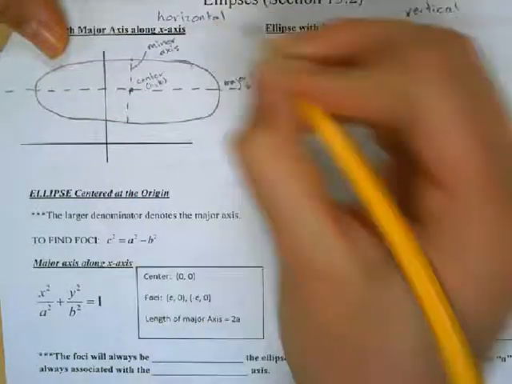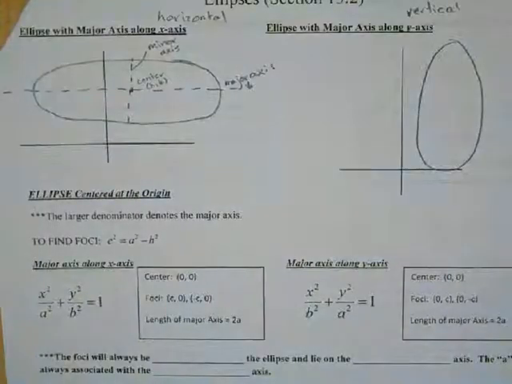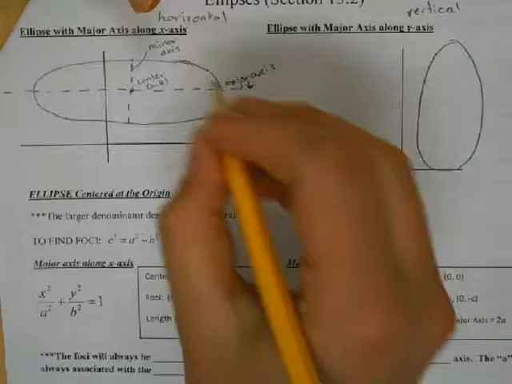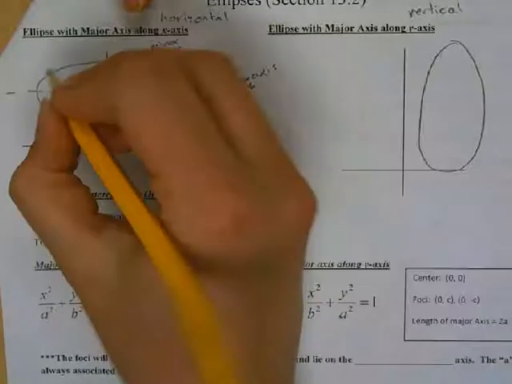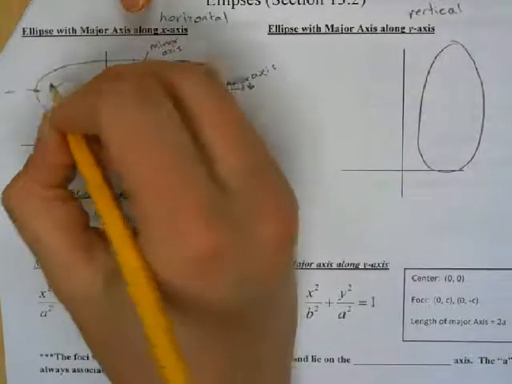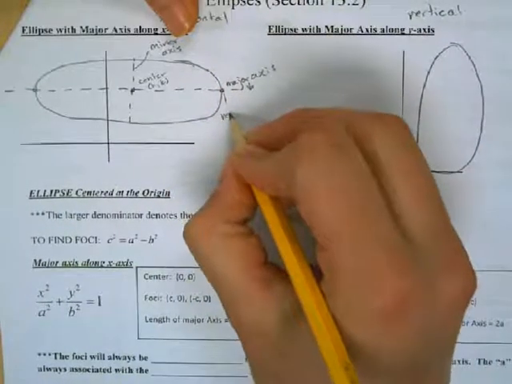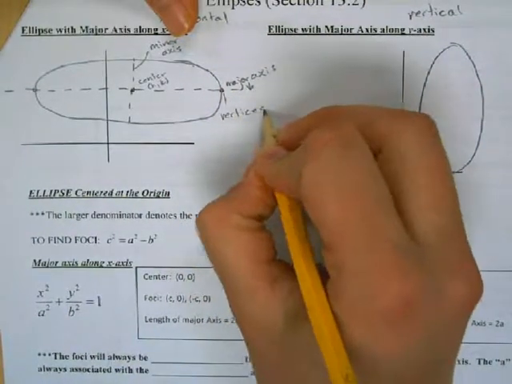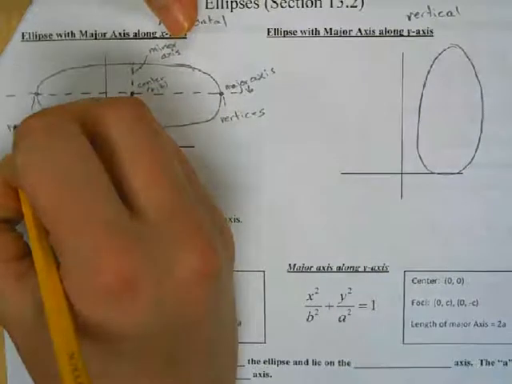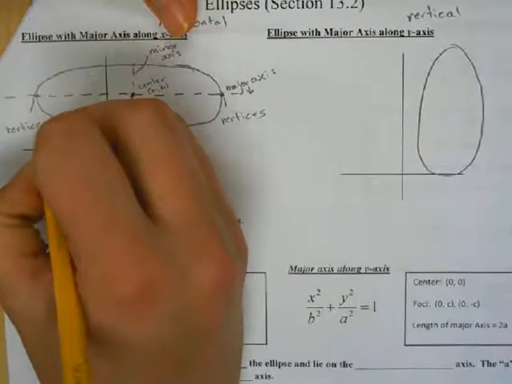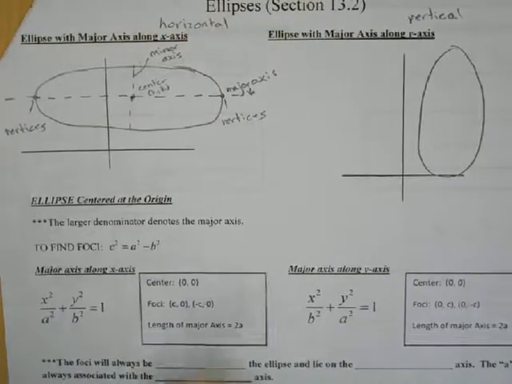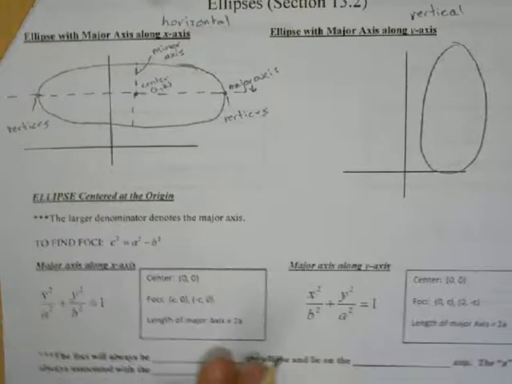Now, the ends of these axes actually have names. The ends of the major axis are called the vertices. There's two of them. Vertices is technically plural, so they're both vertices, or a vertex.